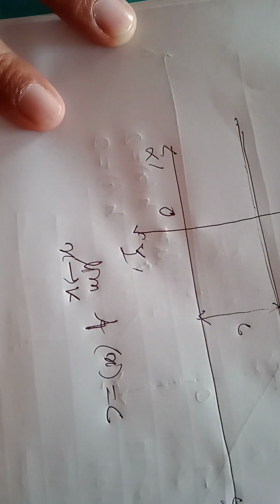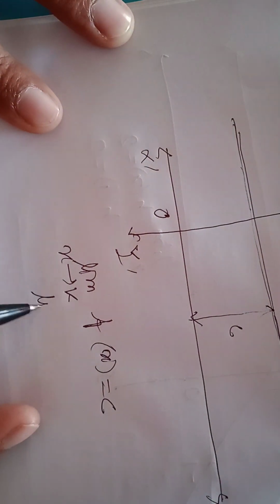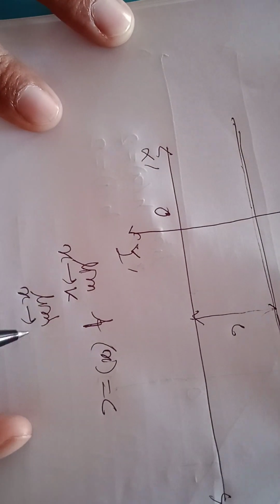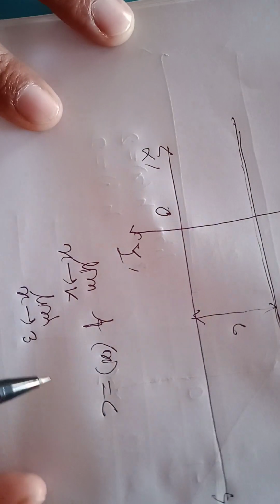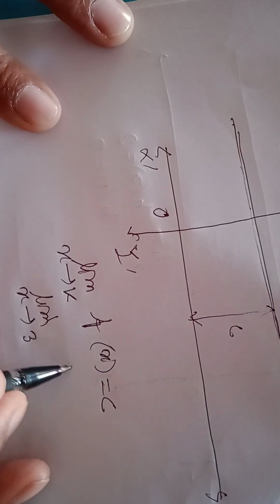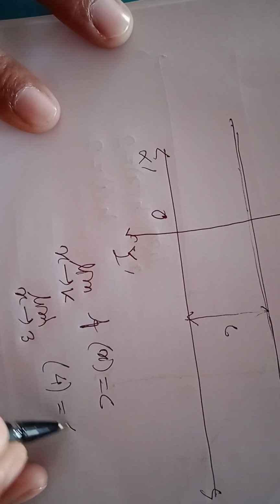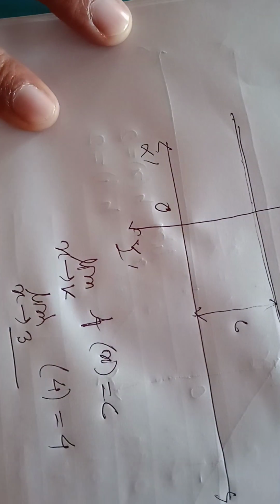Such as for the constant function 4, the limit as x tends to 3 of 4 is equal to 4. So we got the limit of the identity function and the constant function.